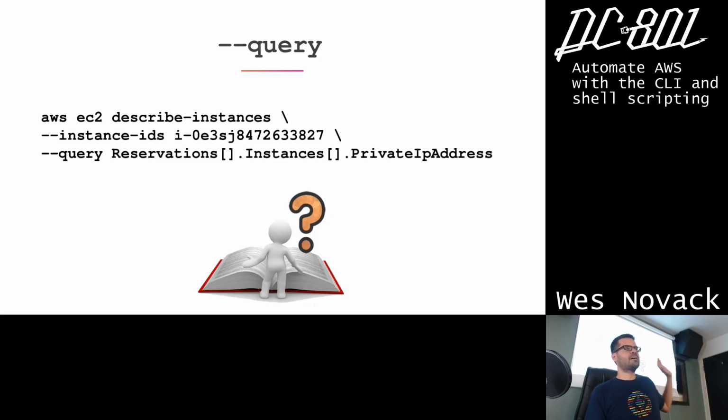If you recall on that previous slide, I had this huge JSON output that even scrolled off the screen. We couldn't even see all the metadata about it, and you might not want or need all that information. So using query, you can extract just the one piece of information that you're looking for from that JSON output. So you take the top level key of that JSON output, which is Reservations in this example, and then you dive into Instances and then PrivateIpAddress to pull the private IP address out of that big JSON structure.